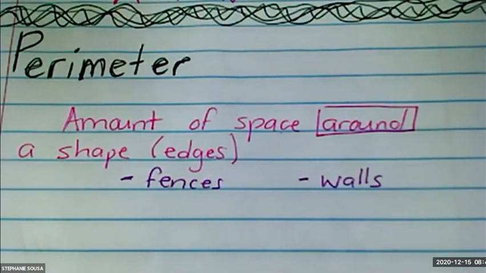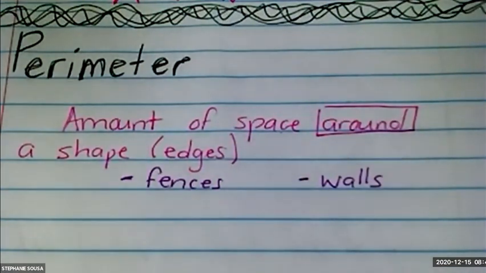So if one day you are at your house and you are deciding that you would like to add a fence around your yard, you are going to have to calculate the perimeter of your yard to see how much fence you will need to buy. One day when you are owning your own companies and you want to put a fence around your building's location, you will need to know the perimeter of your property so that you can accomplish that.